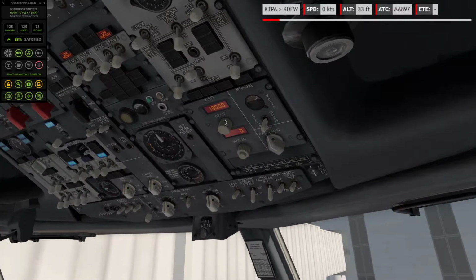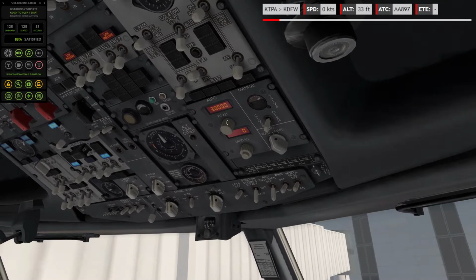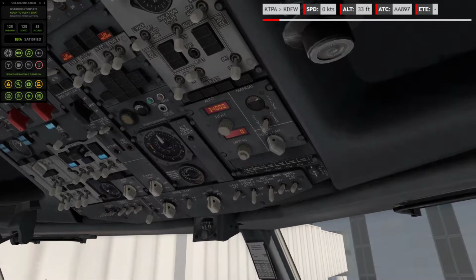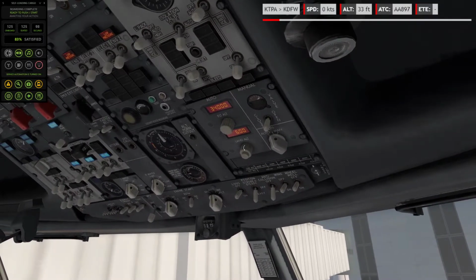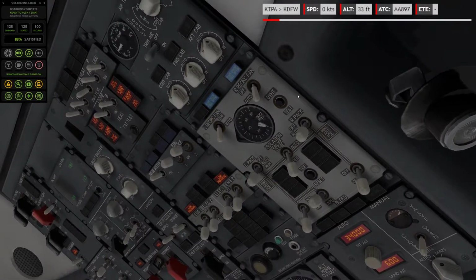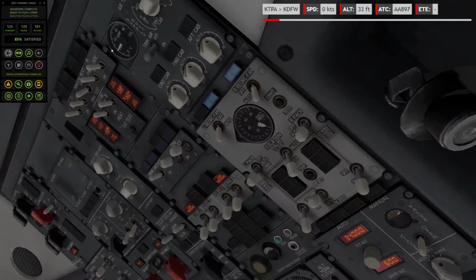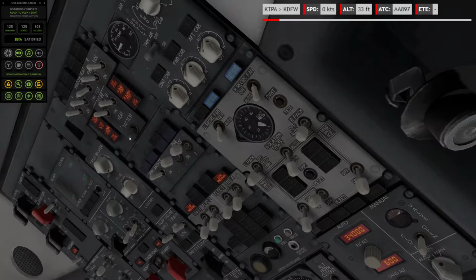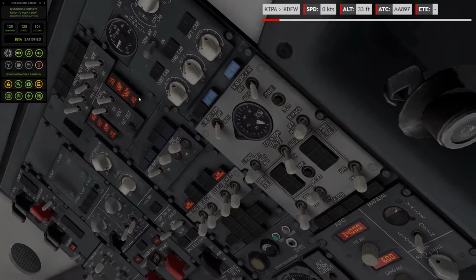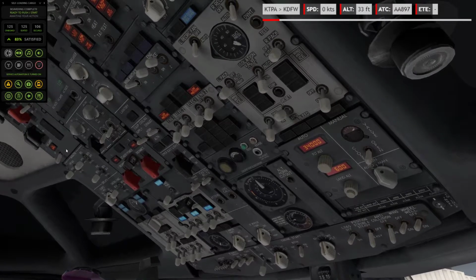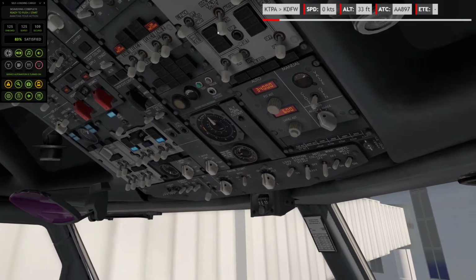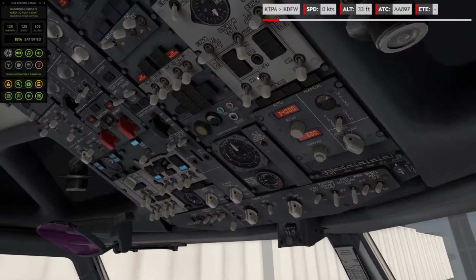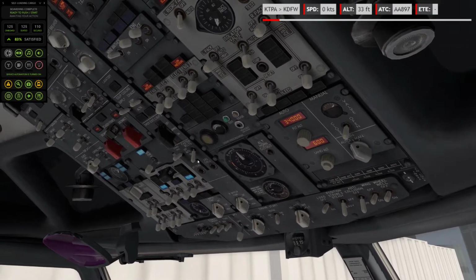Alright, so we are cruising at flight level 340 and our arrival elevation will be 607 feet, so let's set that to 600. NTIs, we can lift that off. Window heat and prop heat can come on a bit later. We can turn that on. We have APU. Oh, we have to turn on the seat belts.